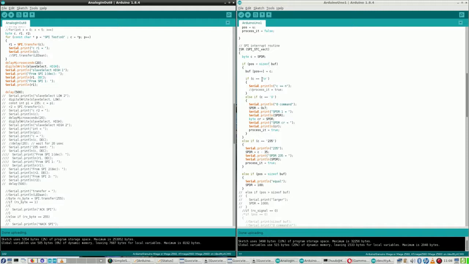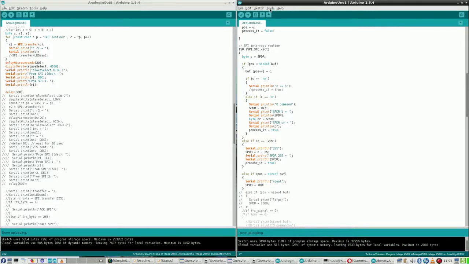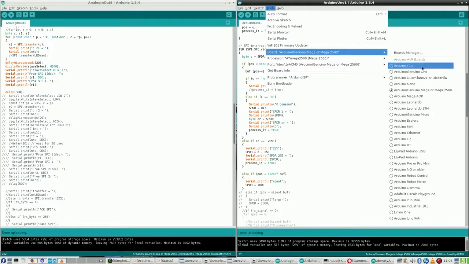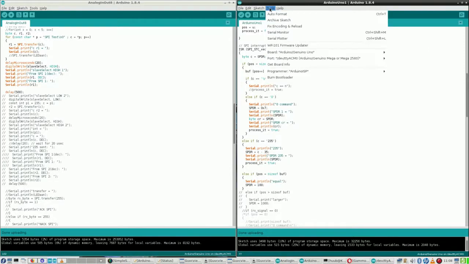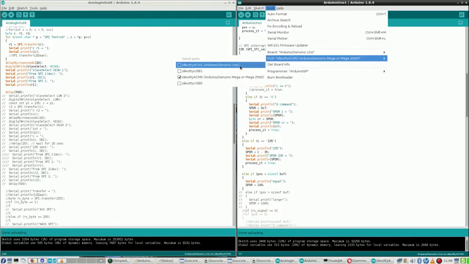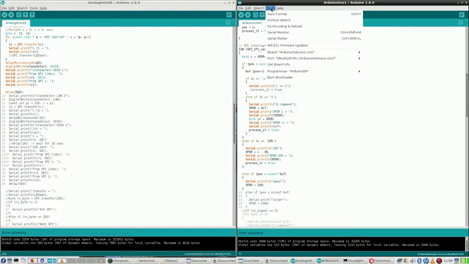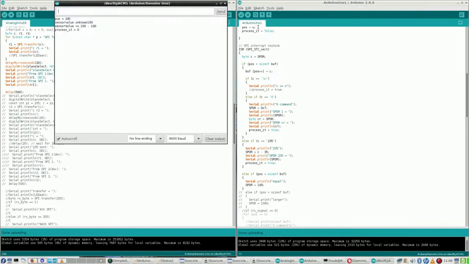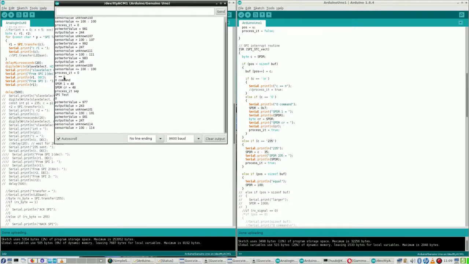Now here, let me go back to the Uno and the monitor again, and wait for it, and here we say C is N 0 command. Well, that is perfectly possible.